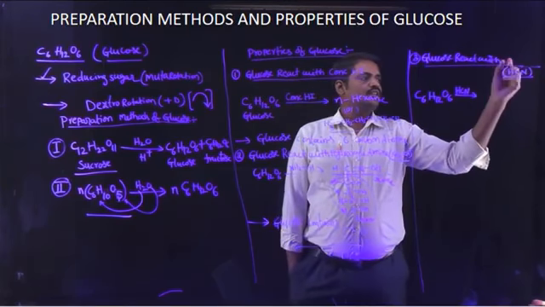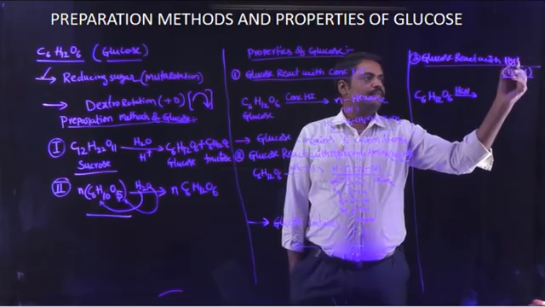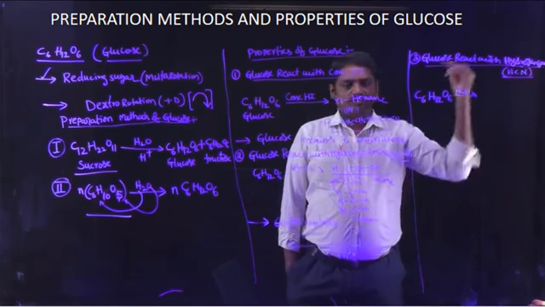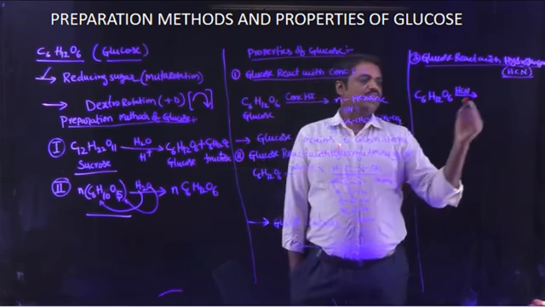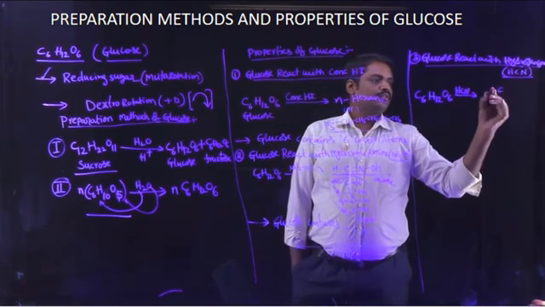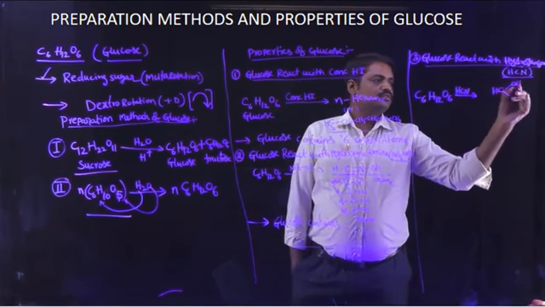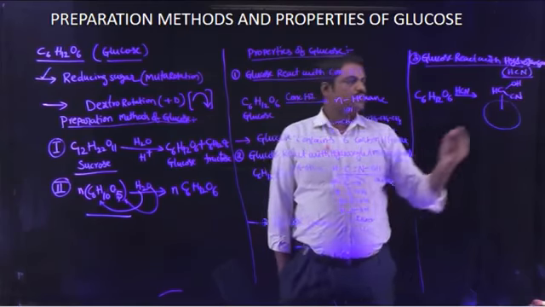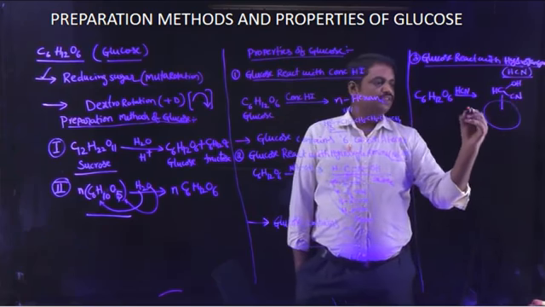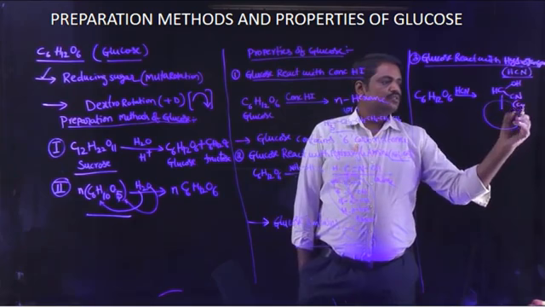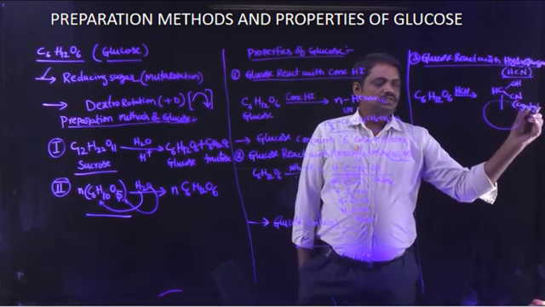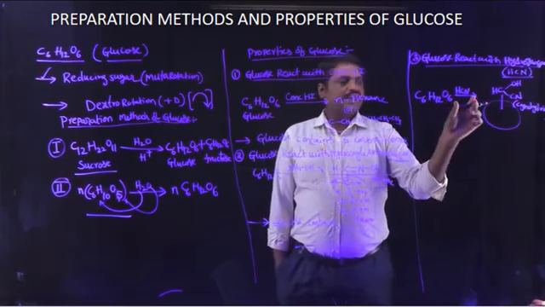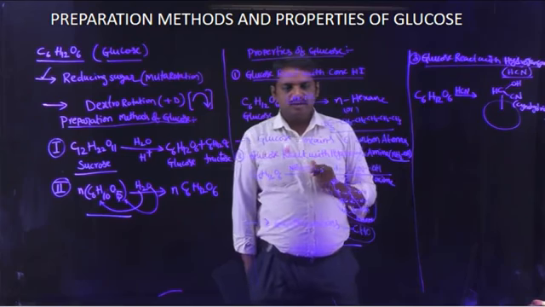Glucose reacts with hydrogen cyanide to produce cyanohydrin.